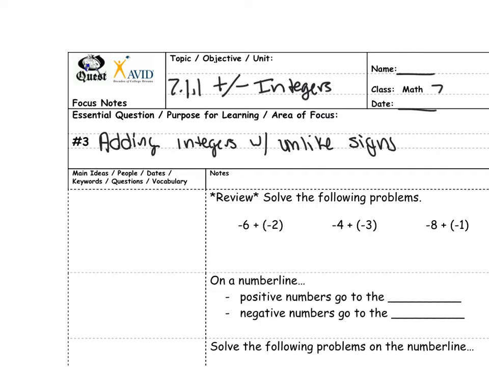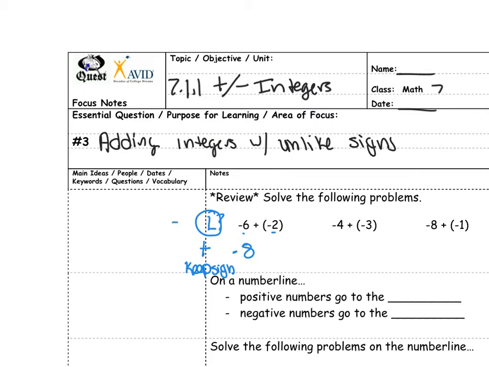So here we have like signs. The first thing you're going to do is scan the problem. I see two negatives. That means they're like signs, so I'm going to add my numbers together. 6 plus 2 is 8, and we're going to keep the like sign, so it'd be a negative 8.